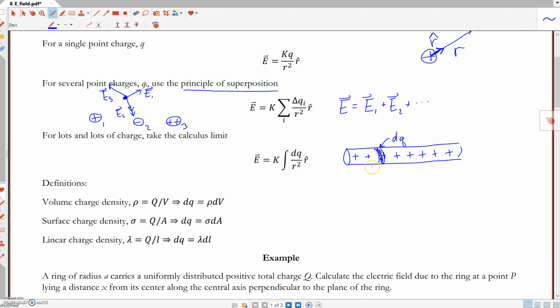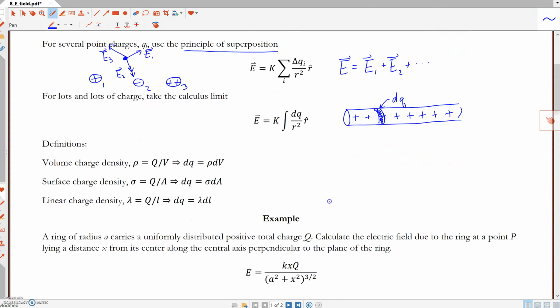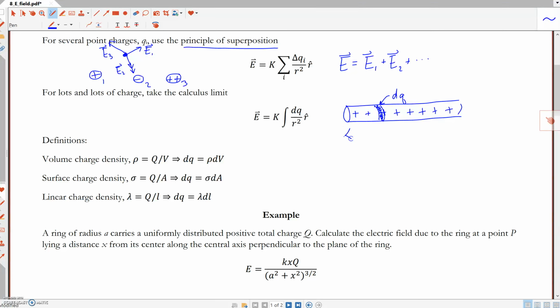Now, to figure out what dQ is, I'm going to make a couple of definitions, and I'm going to go in backward order since I chose to start with the rod. Let's say the rod has a total length L and a total charge on it Q, big Q. Then I'm going to define the linear charge density lambda as the total charge divided by the length of this thing.